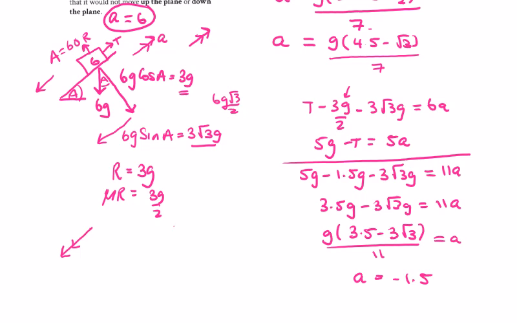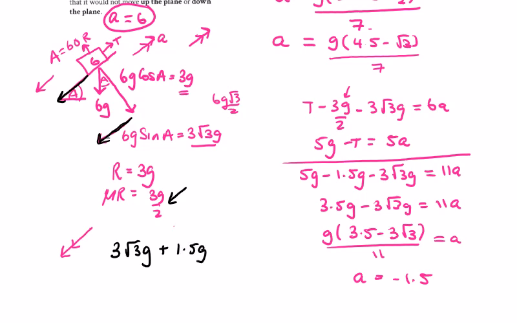So we're going to have the force going down first, and then minus T. So we're going to have 3 root 3G plus, what do we have for this mu? Remember, we had 1.5G.